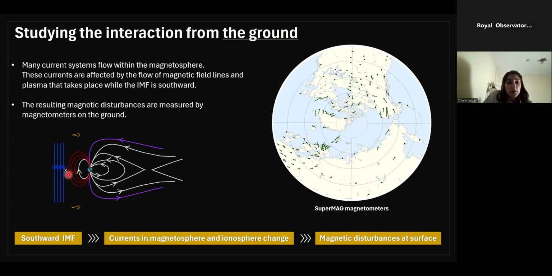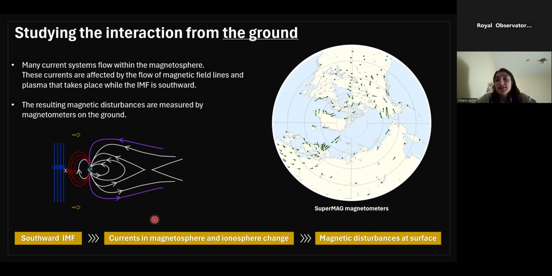So as the IMF turns from northward to southward and the Dungey cycle begins, the currents in the magnetosphere and ionosphere will change as a response to this. These changes in the currents will in turn generate some magnetic disturbances, and this is something that we can measure from the surface.